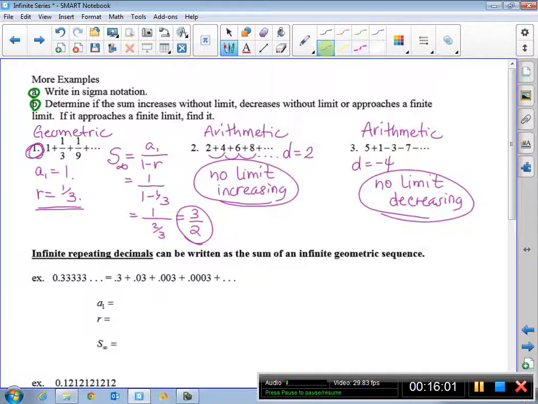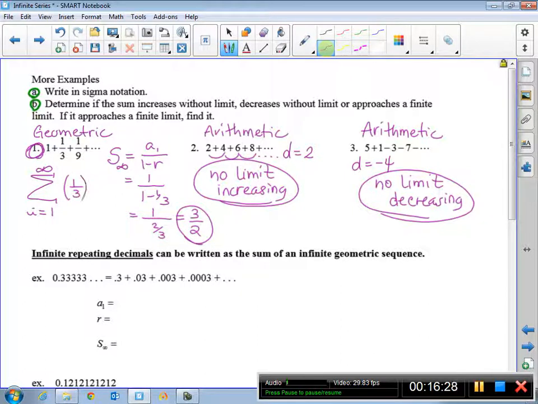Part A says to write this in sigma notation, so I'll do that as well. The sigma is the sum as these terms go from the first term to infinity, and then we just have to figure out the any term expression, and that's the r value here.